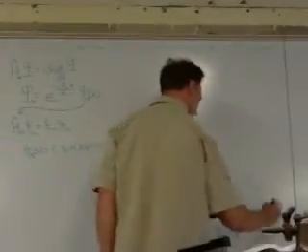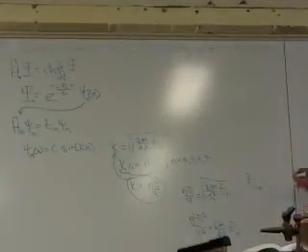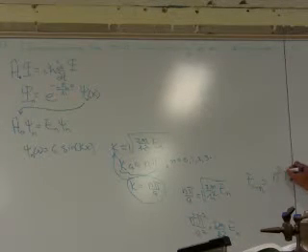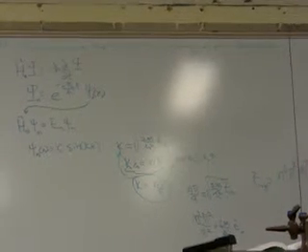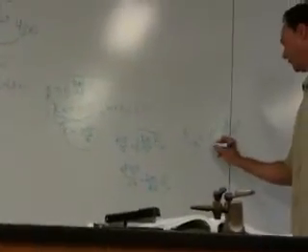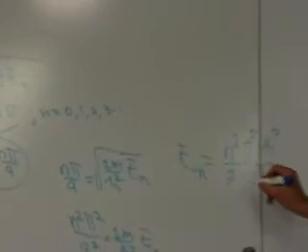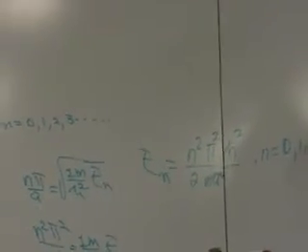Or that n squared pi squared over a squared has to equal 2m over h bar squared En. Or that En has to equal what? N squared pi squared h bar squared, all divided by 2 m a squared, for n equals 0, 1, 2, 3.